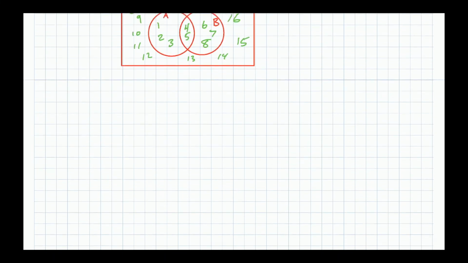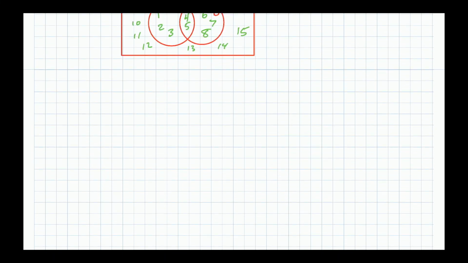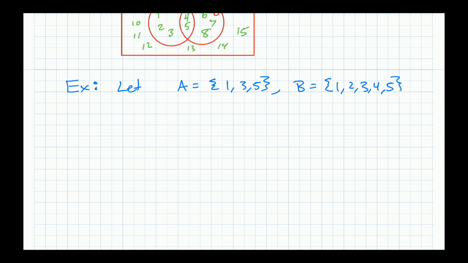Okay. So let's talk about subsets here. Example. Your book likes problems like this. They're not complicated, but they'll say, let A equal 1, 3, 5. B equals 1, 2, 3, 4, 5.